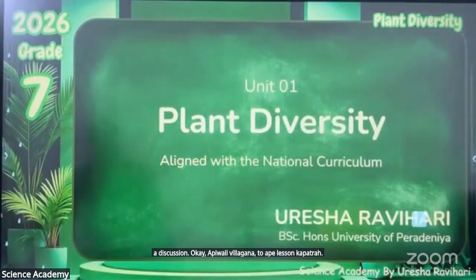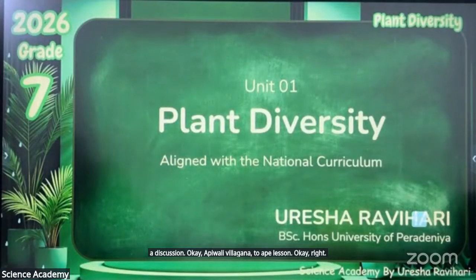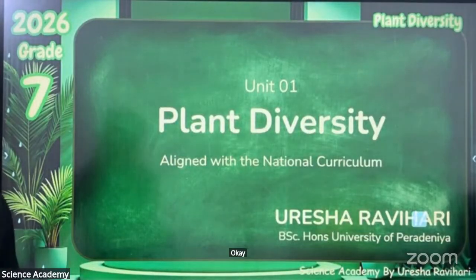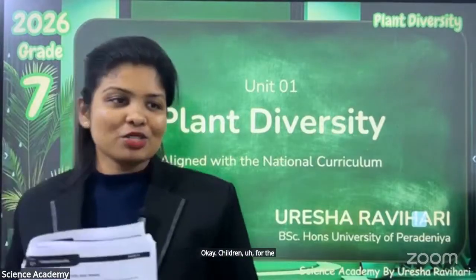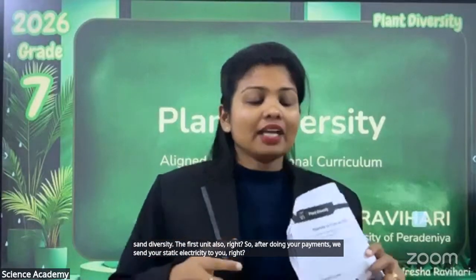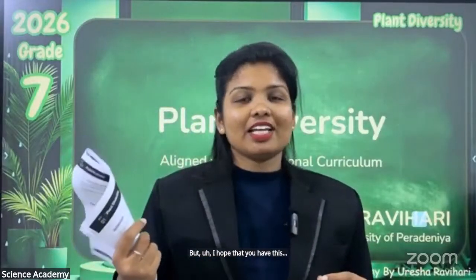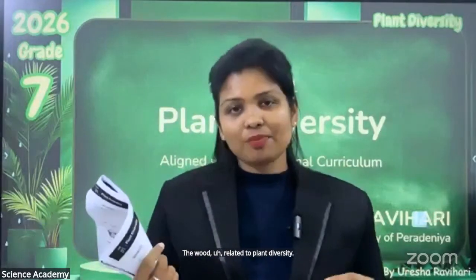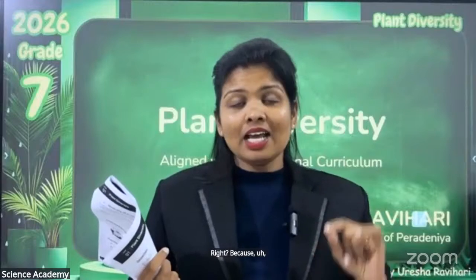Okay, right. Children, for the newcomers also, I hope that you have the tute on plant diversity, the first unit also. After doing your payments, we sent your static electricity tute. But I hope that you have the tute related to plant diversity, because we are doing the last part of plant diversity.